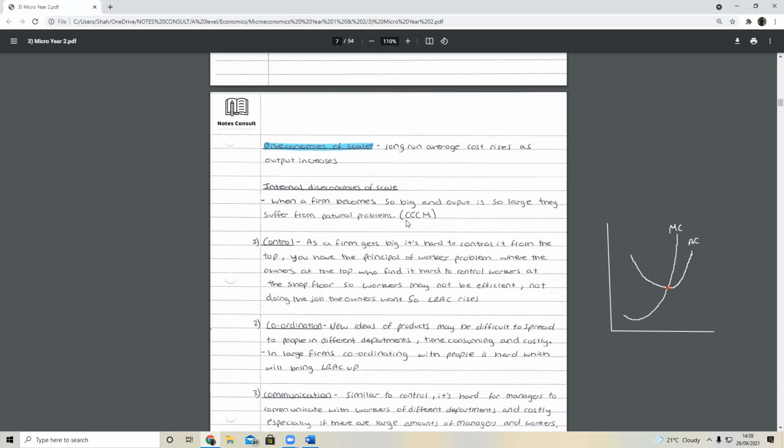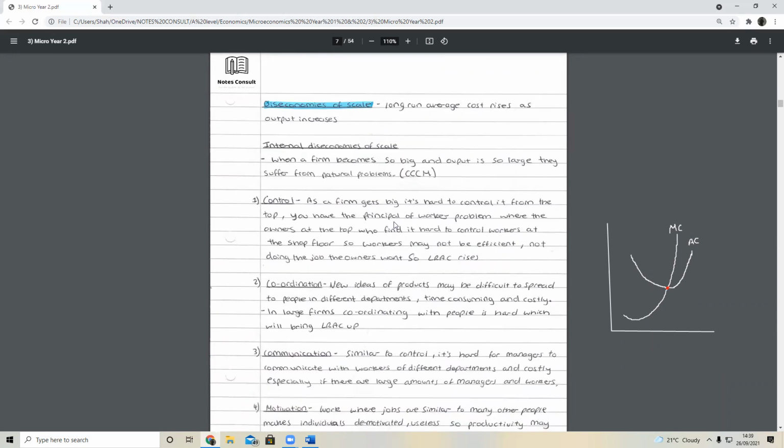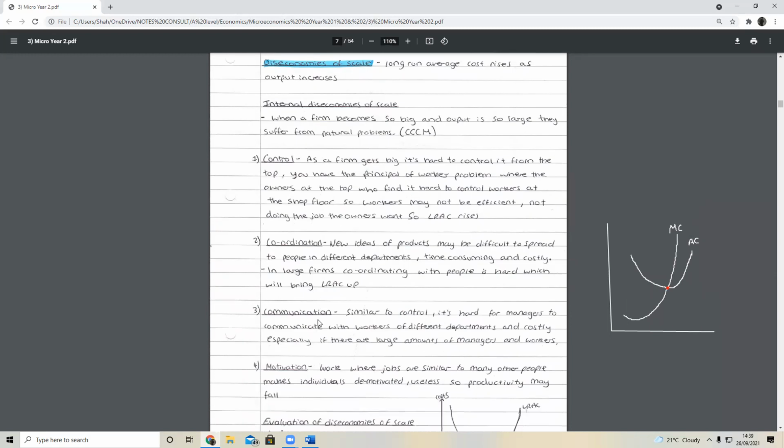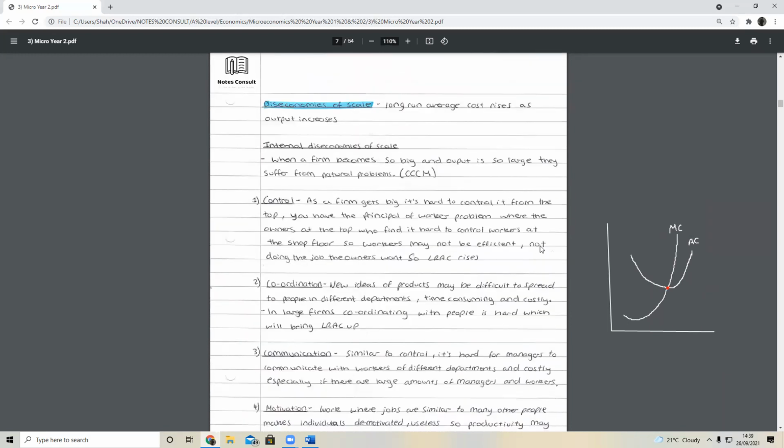So when the firm becomes so large, and there's so much output, the firm suffers from natural problems. Natural problems such as control, coordination, communication, and motivation. So if a firm gets big, then it becomes much harder to control it, right? You're going to need so many managers and people at different levels to make sure everything is working efficiently.